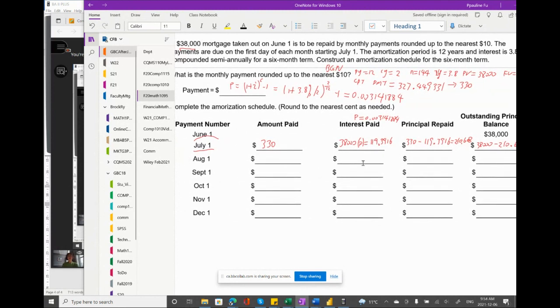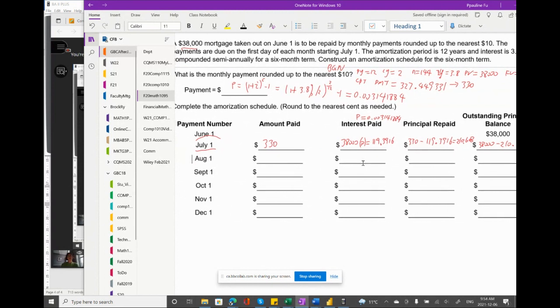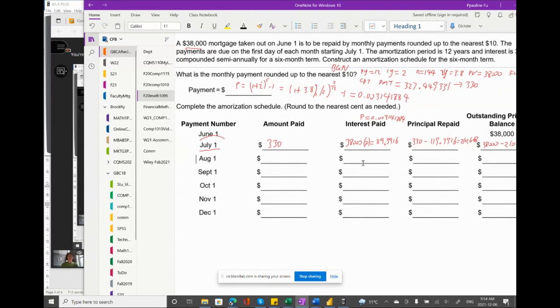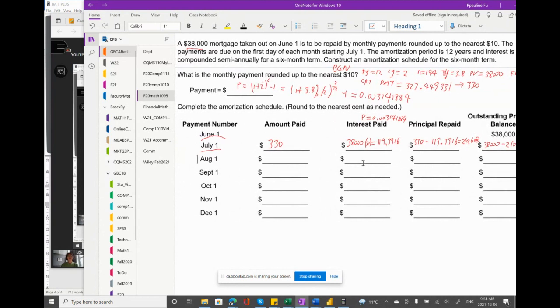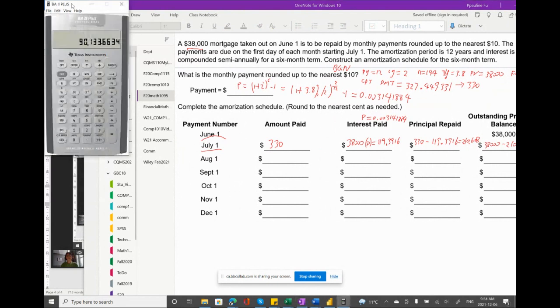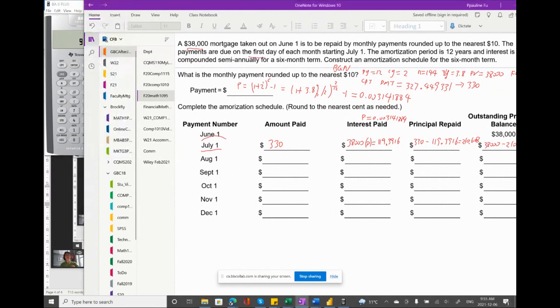So in this question, you need to calculate the monthly payment. The question asks, what is the monthly payment? To do that, you need to use the calculator. And remember the keyword, the first day means it is BGN mode.